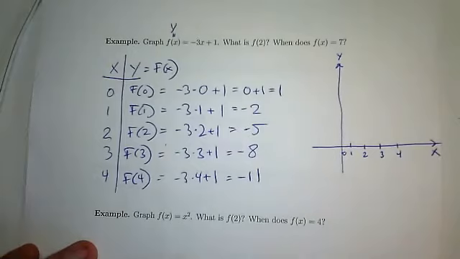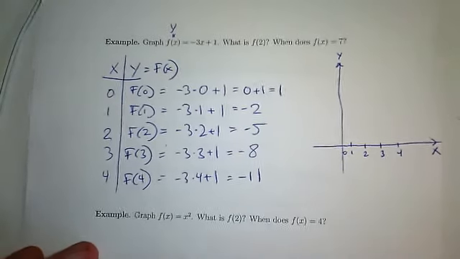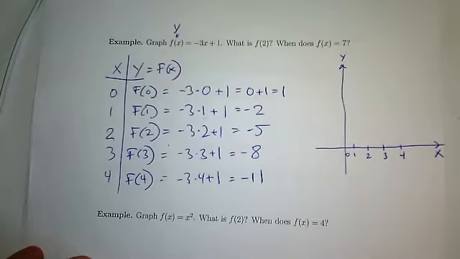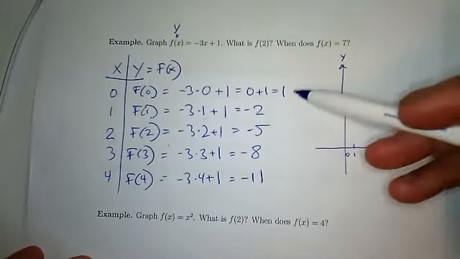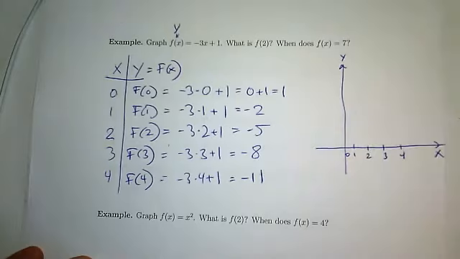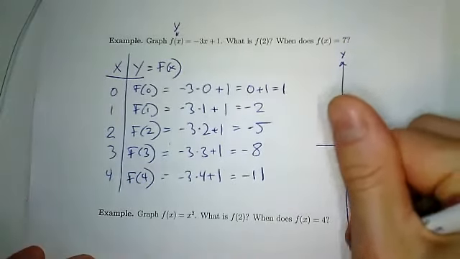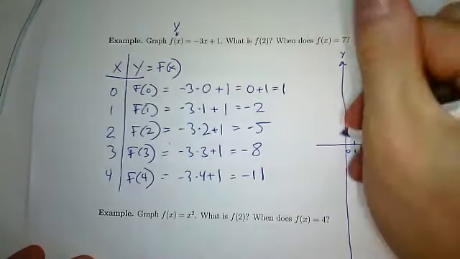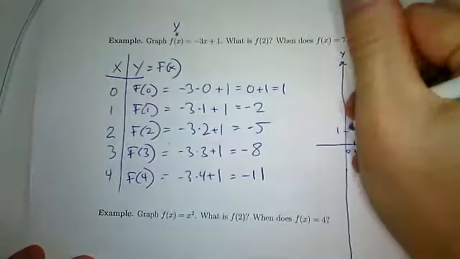Again, my spacing is never good. You should always use a pencil when you're doing math. For the vertical, I have 1, minus 2, minus 5, minus 8, minus 11. So really, I should have made it lower, because the highest I have is 1. So at 0, I'm at 1.